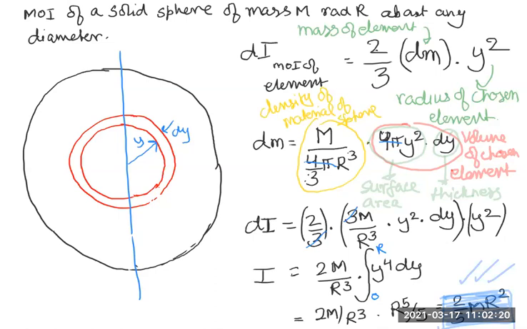After that, you write the physical quantity that you want to find for the element. Then using the unitary method, you get everything into one variable.